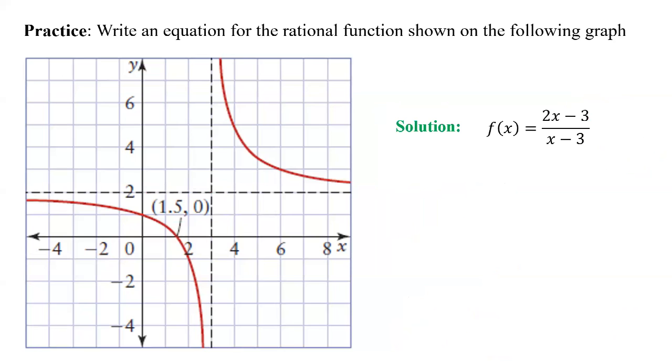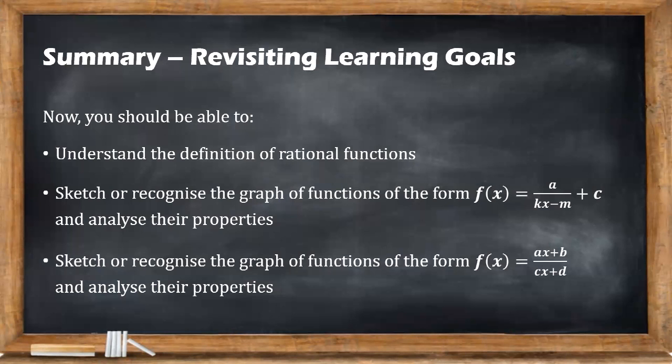No? All right, so basically this is all we have learned for today. Let's make a summary. Okay, so after this class, now you should be able to understand the definition of rational functions. And you should also be able to sketch or recognize the graph of the function of the form f(x) equals a over (kx minus m) plus c, and analyze their properties.